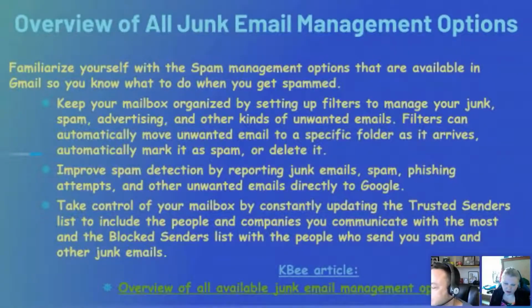This basically goes over the overview of your junk email management options. Basically, it's telling you, please set up filters so that the important emails come through and that the junk goes to junk folders, and the important emails that you want to keep for future reference get moved to folders, because you can create folders in Gmail and then have emails that come through from specific people or with certain subjects automatically move to those folders.